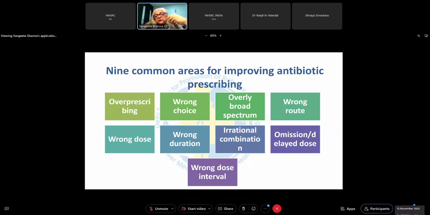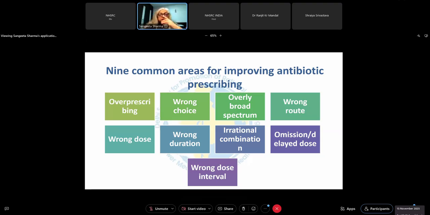And sometimes when you need a narrow spectrum antibiotic, we use a broad spectrum antibiotic, or we give it by the wrong route, wrong dose. Or sometimes we are so overcautious that we give double cover. We choose two antibiotics to cover for gram negative infection.